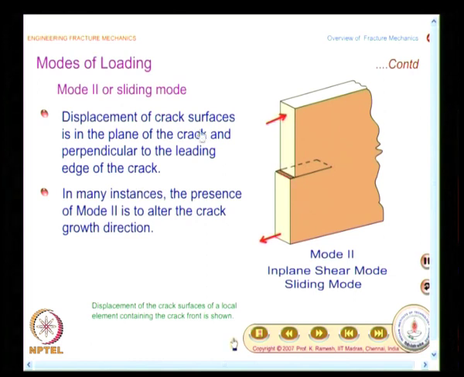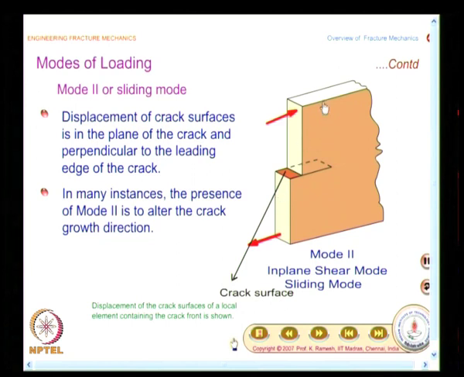The displacement of crack surfaces is in the plane of the crack and perpendicular to the leading edge of the crack, and that is very clearly seen in the animation. The crack faces are sliding like this.